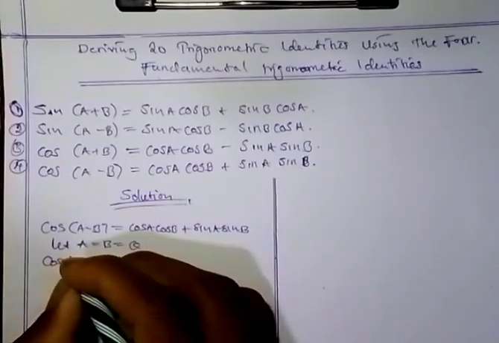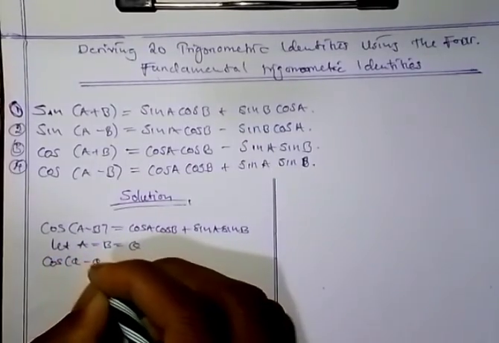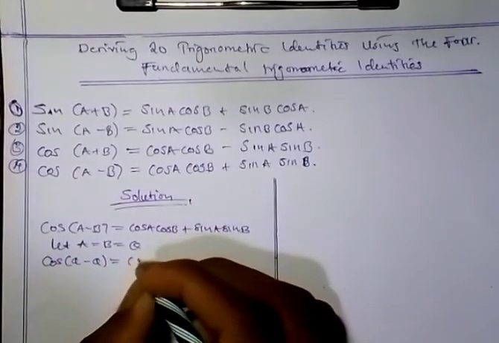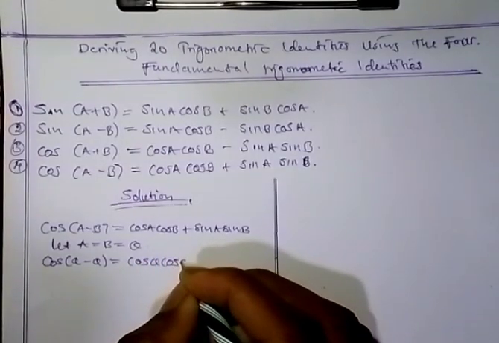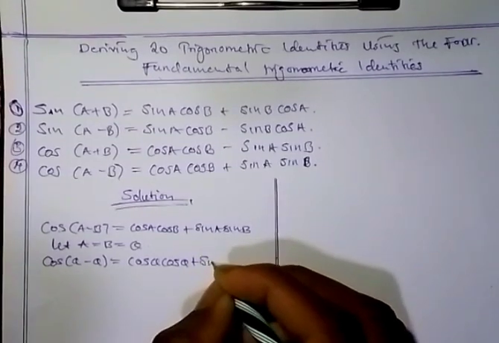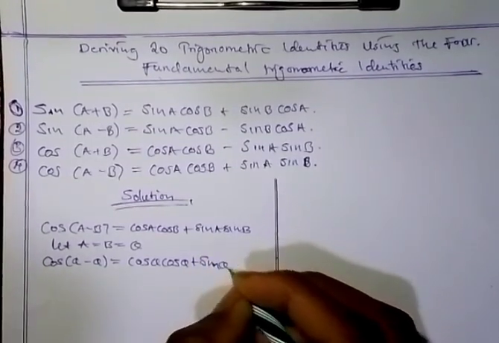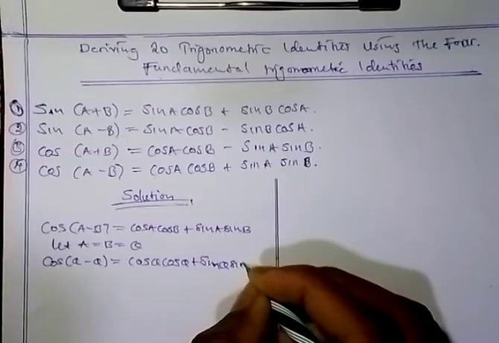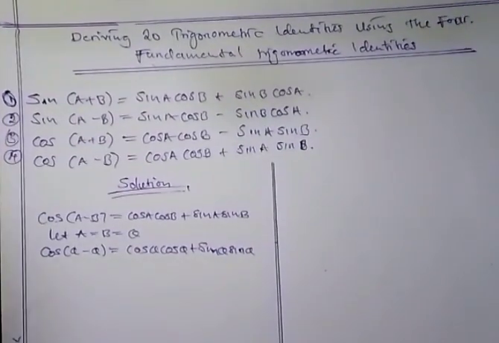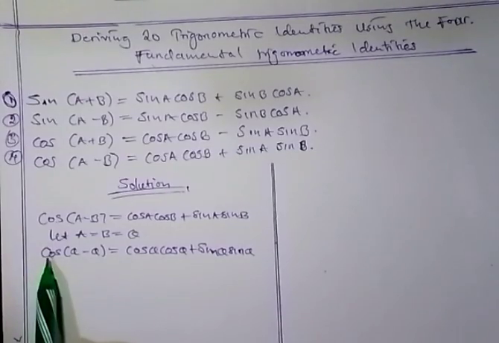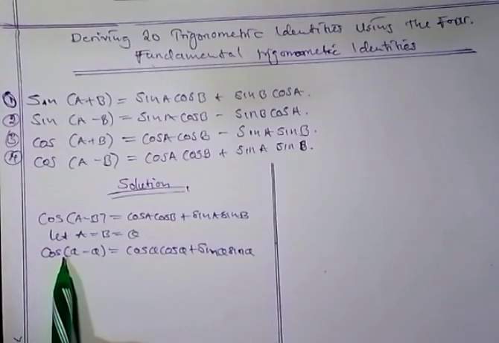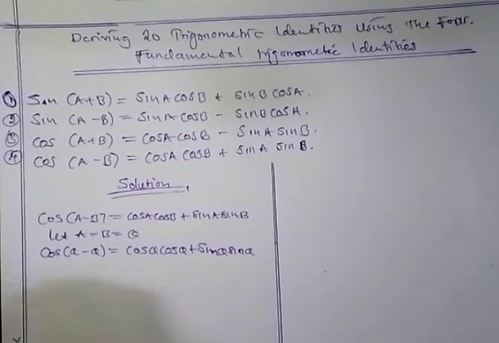So cos(theta minus theta) is equal to cos theta cos theta plus sin theta sin theta. Okay, so from here we see that in the brackets we have theta minus theta, we're going to get a 0 there.